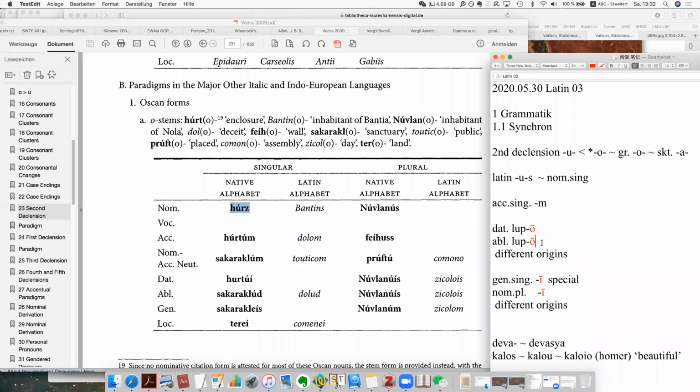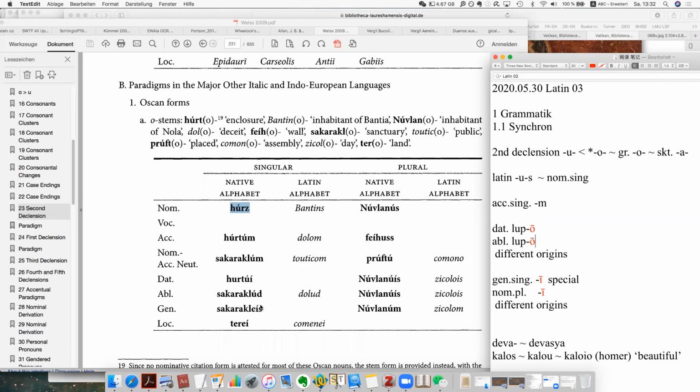But in Latin, due to sound change, these two forms are identical. If you check other Italic languages, they're different. The ending is an E in one and a D in the other. This is more archaic.